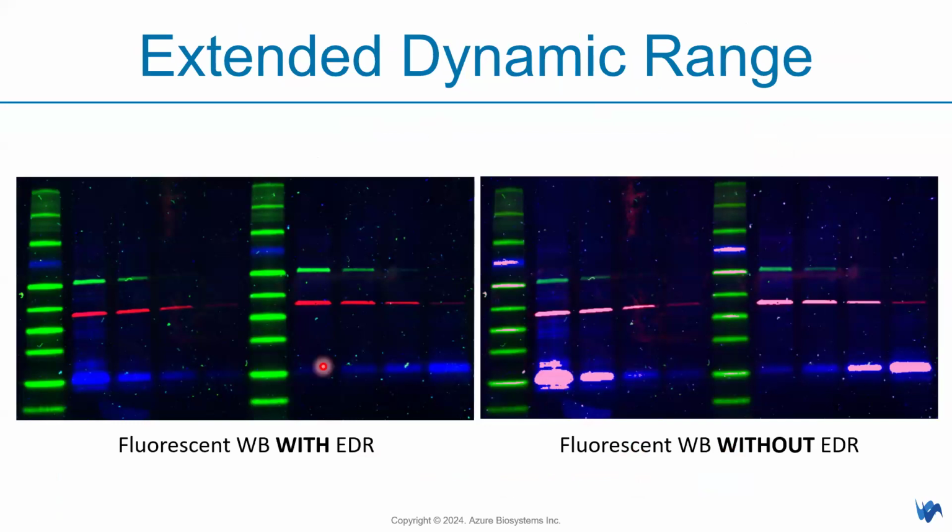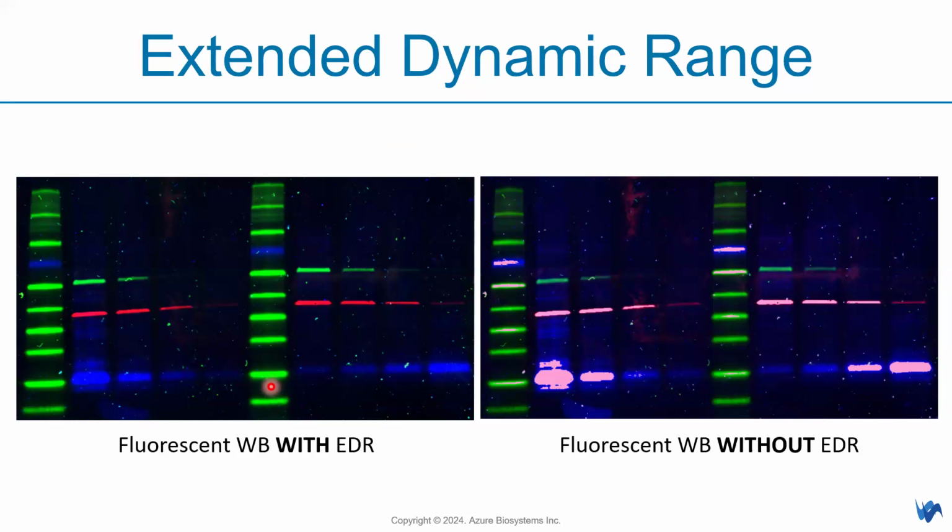But when we extend the dynamic range and capture the fluorescence signals on a Western blot, now we have an image that is non-saturated, so you can analyze the data. One thing to note is that this data will not be 16-bit, but either 18, 20, 22, or 24-bit image files.